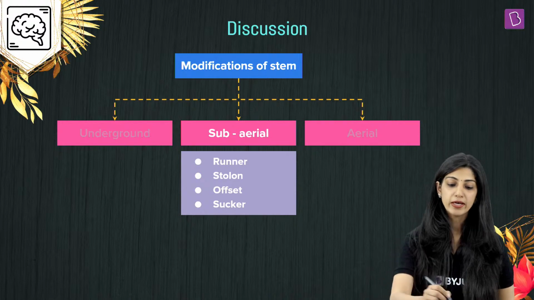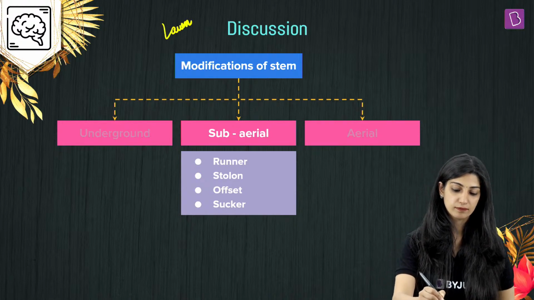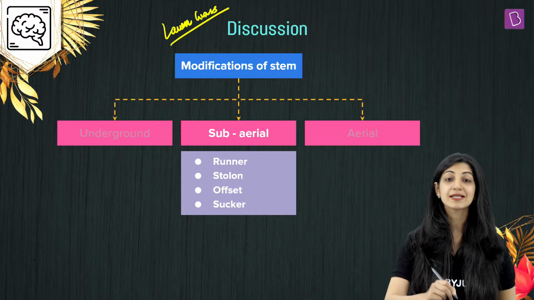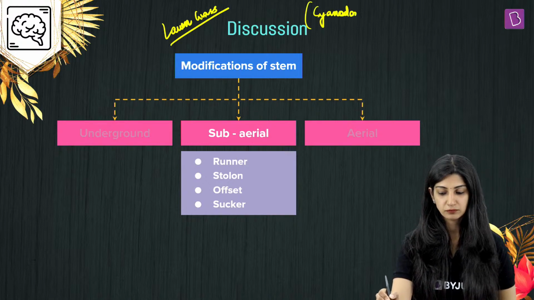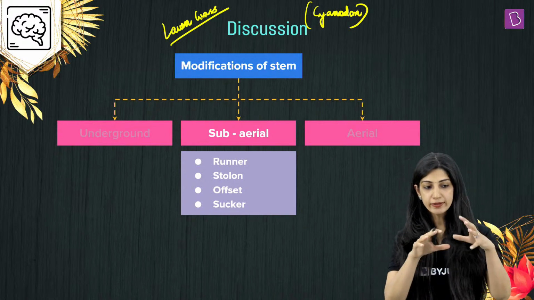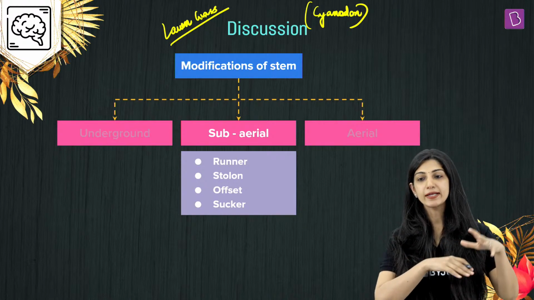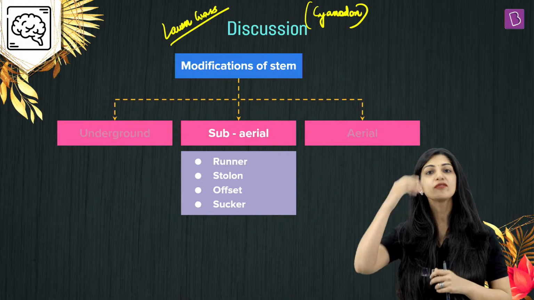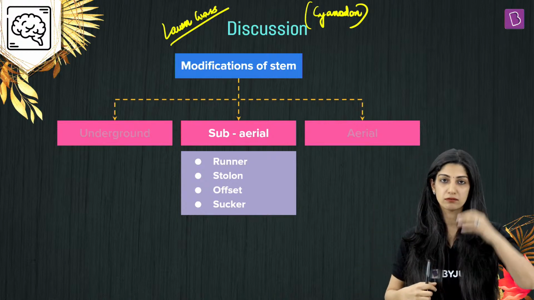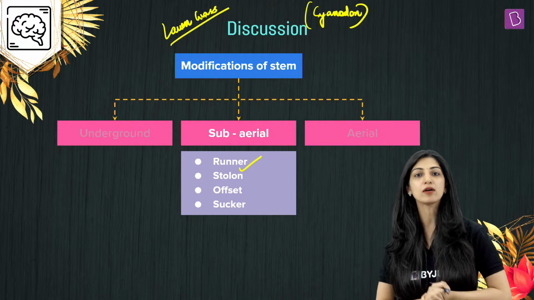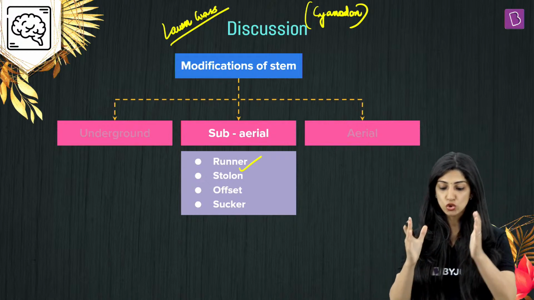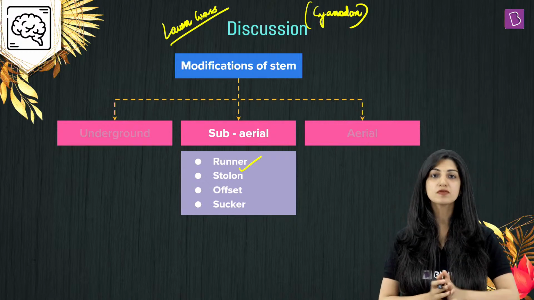How many of you have seen that if you plant lawn grass, cynodon, it's called cynodon, you plant it in one portion of the garden and it spreads very quickly within weeks and covers the entire garden. Why? Because it's a runner. It runs on the ground. So don't worry about the subaerial modifications.